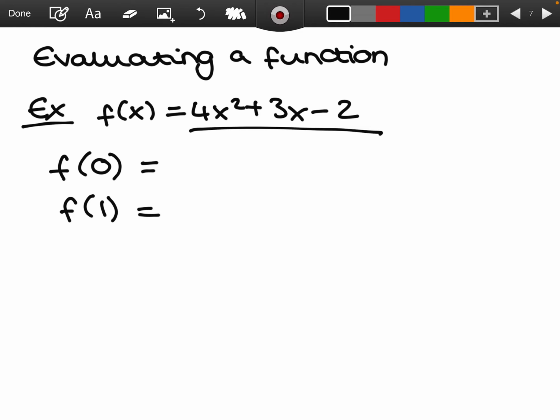If you plug in x is equal to 0 into our equation here, I'm going to get 0 plus 0 minus 2, so I'm going to get negative 2. And if I plug in x is equal to 1, I get 4 plus 3 minus 2, which equals 5. So you just plug in that value for x. And that tells me that 0 maps to negative 2 under this function, and 1 maps to 5.